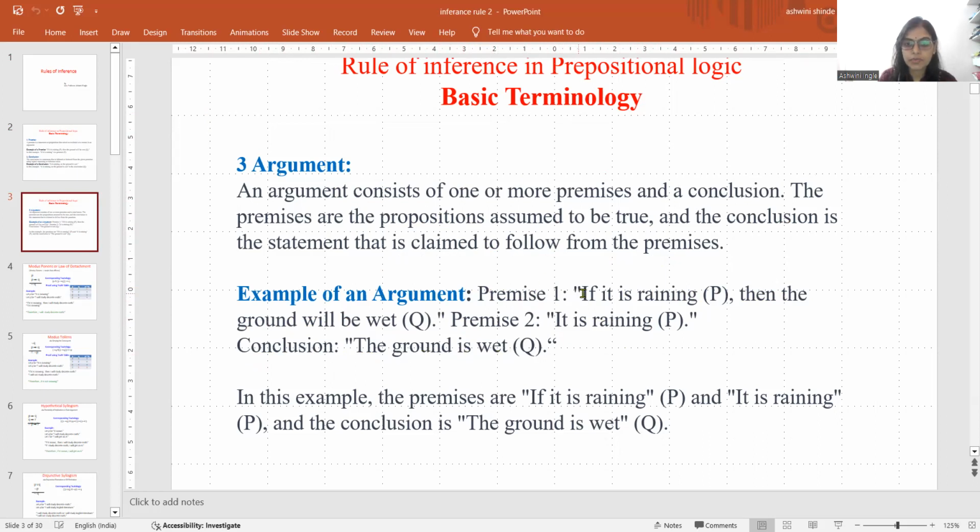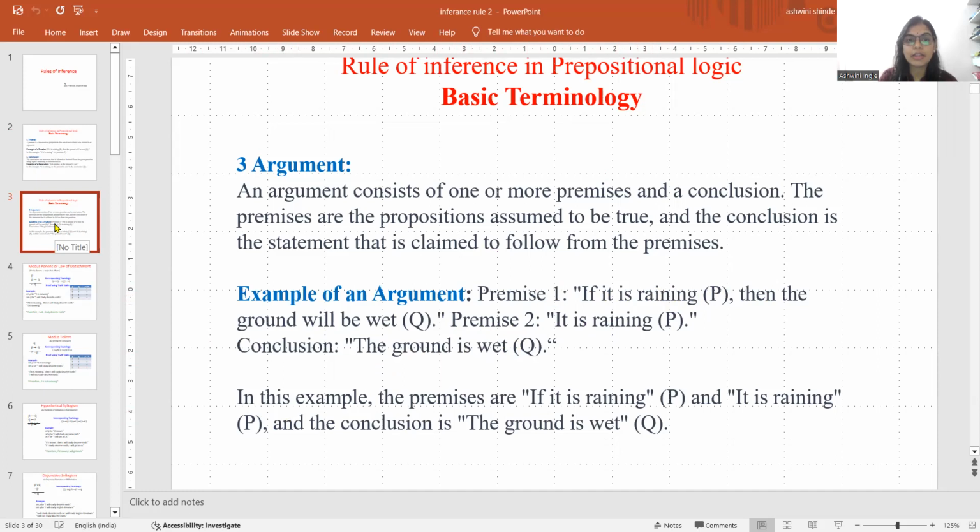So your first premise is, if it is raining then the ground will be wet. That means we can write P implies Q, and the second premise is P, it is raining, and your conclusion becomes Q, the ground is wet. We again see in our inference rules, the modus ponens rule. Okay, so we move on to the next slide.